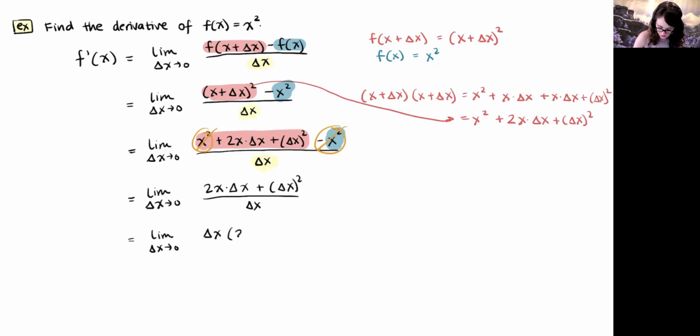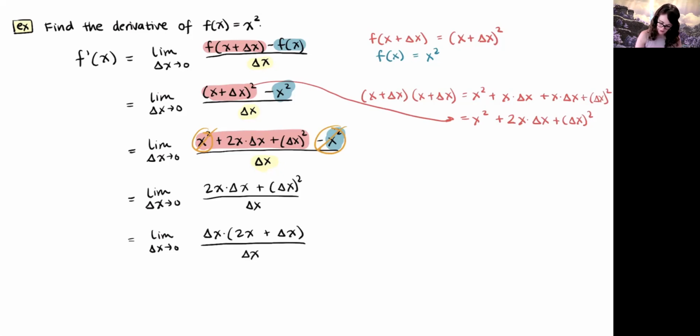Again, if you like to use h's instead, you might practice that and see that you like that better. That's fine. You can use an h instead of delta x. I like the delta x because it gives us a sense of the geometric interpretation of this stuff. So just a good reminder for me that that's what is actually happening. When we factor out a delta x from the top, we get 2x plus delta x left in the bottom.